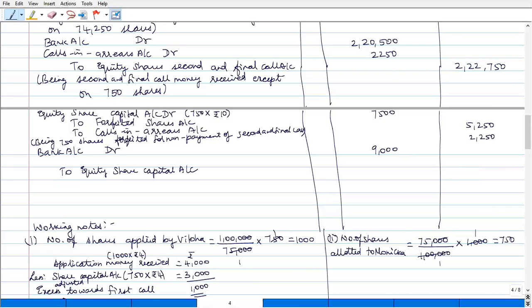So 15,000 has to be credited to equity share capital. So whatever is the difference, it has to be debited from the forfeited shares account. So debit forfeited shares account with the difference amount. So it is 6,000. Now write the narration. Being 1,500 shares reissued as fully paid.